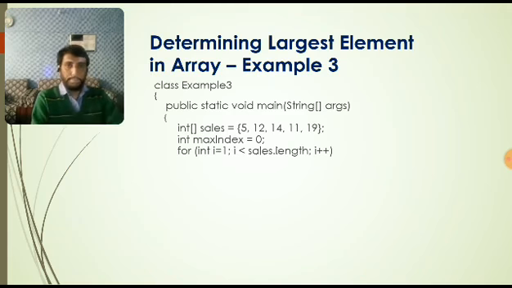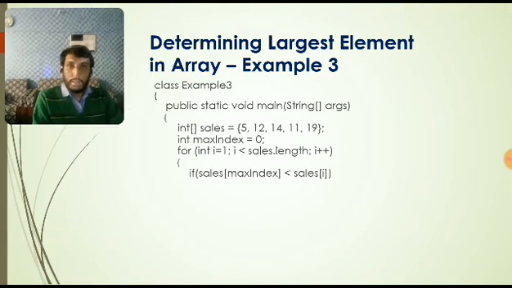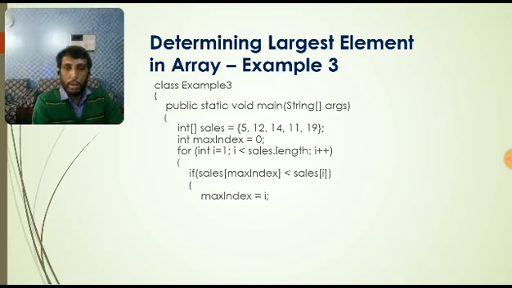Then the if condition comes: if the maximum index is less than cells[i]. So i is coming from the loop. The maximum index is 0, and cells first is 5. So 0 is less than 5. If it is true, then the maximum index will take i.